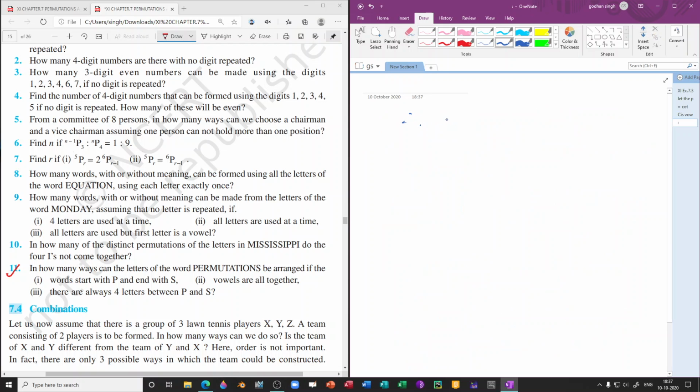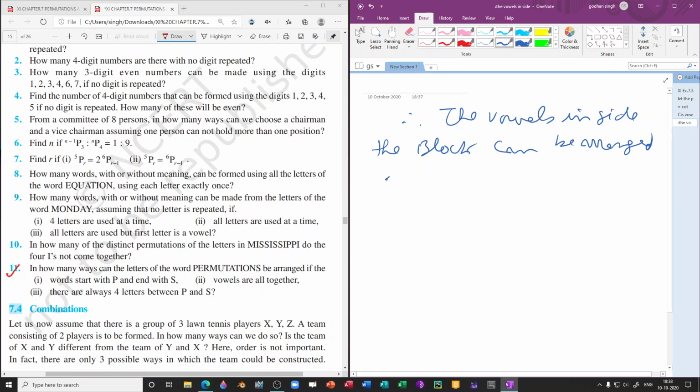Therefore, the vowels inside the block can be arranged in 5 factorial ways.